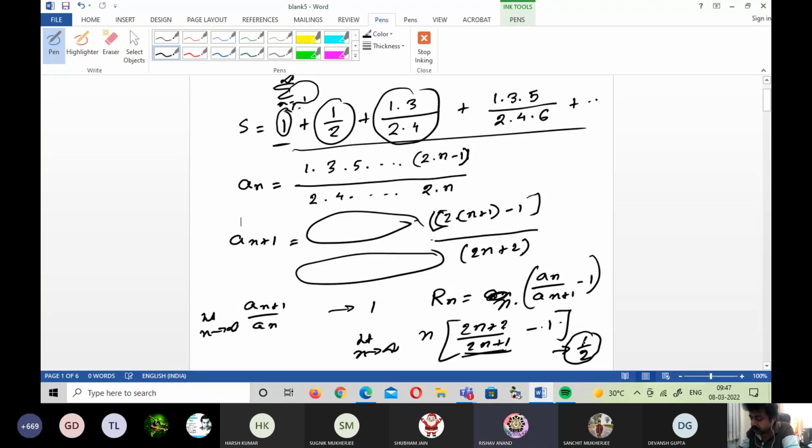Because first outside it is multiplied by n, then bracket, and then we had to solve. 2n plus 2 minus 2n minus 1, so it will be 1 by 2n plus 1. So n by 2n plus 1, limit n tends to infinity. Yes, sir, it will tend to half. Half is less than 1.